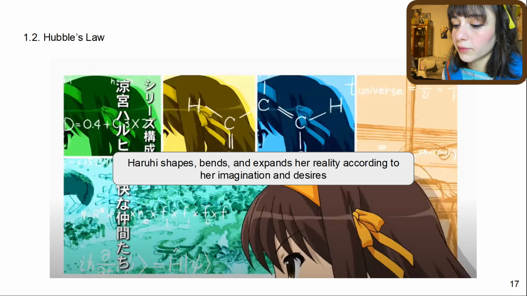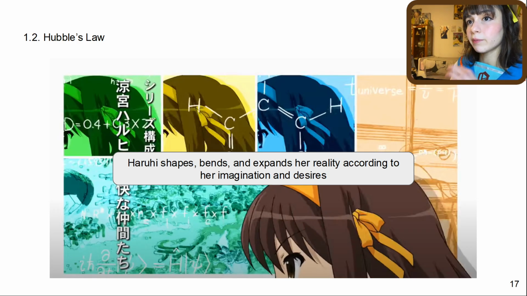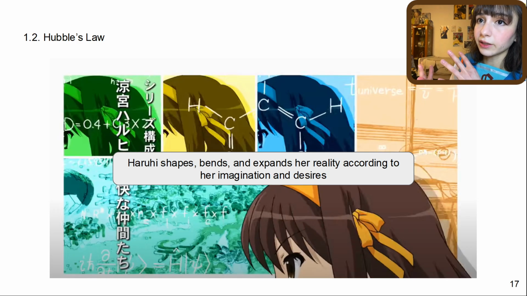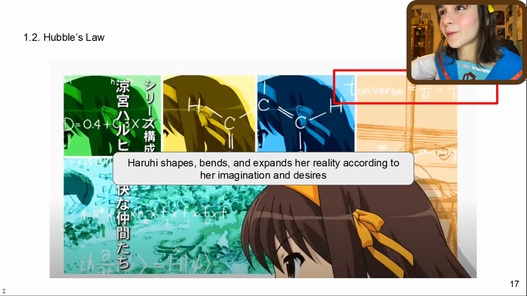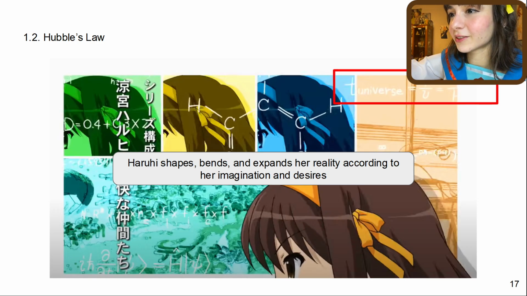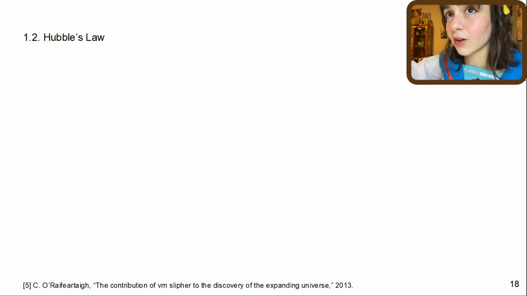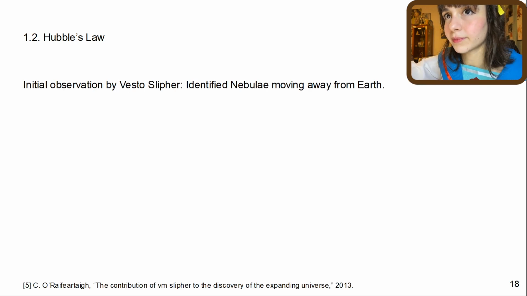I wanted to tie this into Haruhi, how she shapes, bends, and expands reality according to her imaginations and her desire, like Kyon's universe, into what he considered to be real, what he considered to be out there. So this is what's going to be the focus for this part of the presentation.